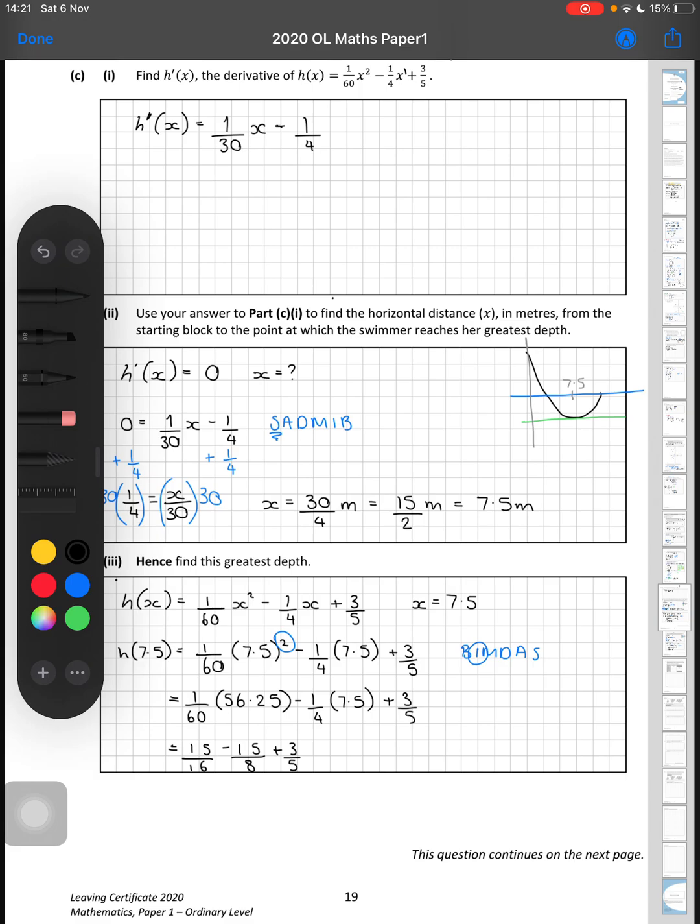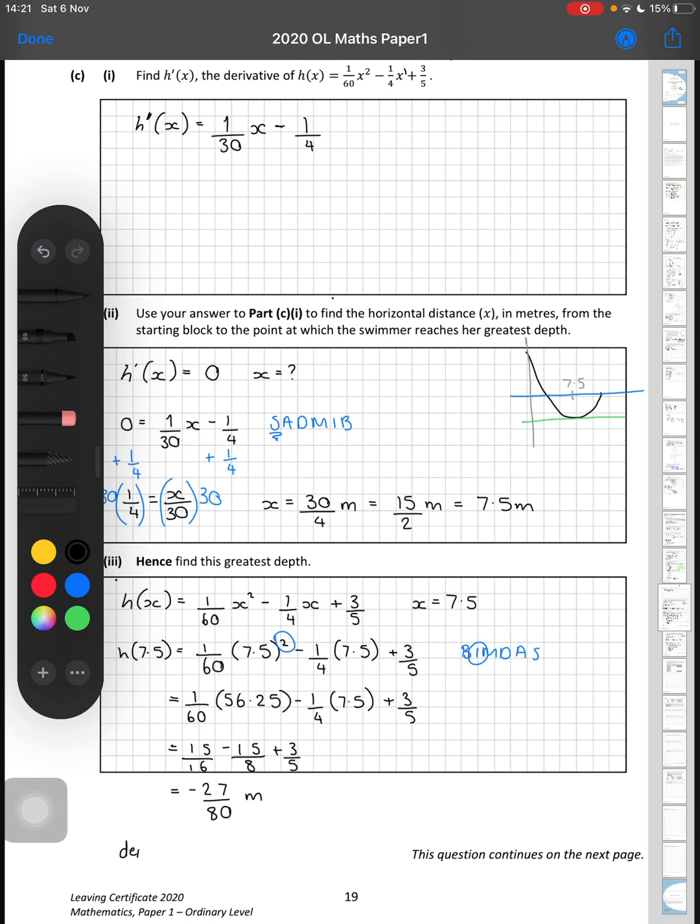And then plus my 3 over 5. When I put this into my calculator, 15 over 16 minus 15 over 8 plus 3 over 5, we get a minus answer. We get minus 27 over 80.